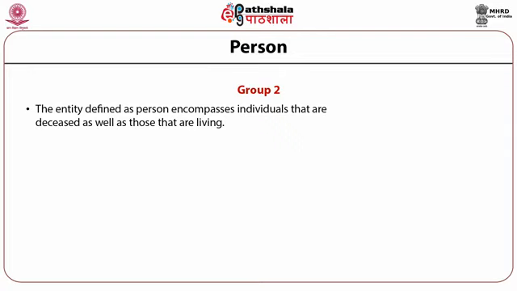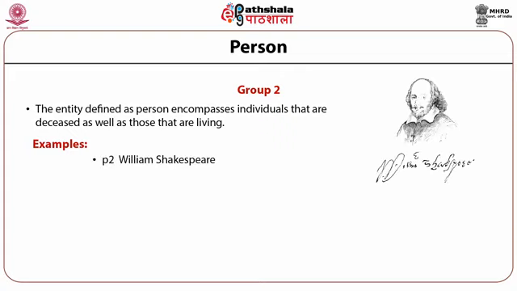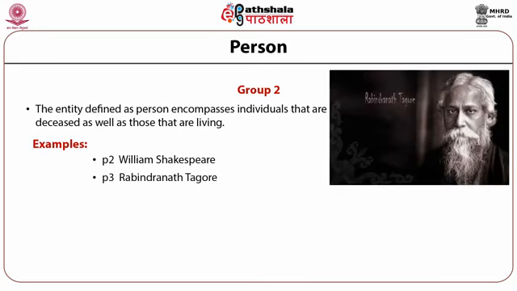Deceased means those who are no longer living, who have already died, are no more in this world. They are also treated as persons. For example, the most renowned and celebrated writer in English literature, William Shakespeare, and the Nobel Prize winner Rabindranath Tagore, who is widely acknowledged throughout the world.